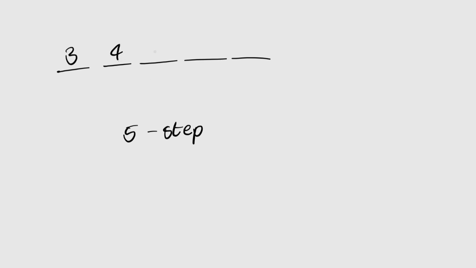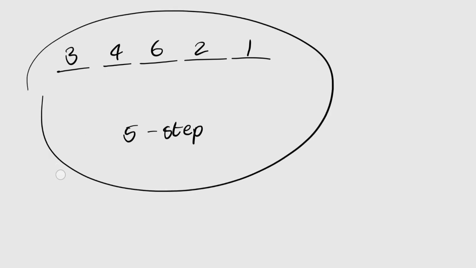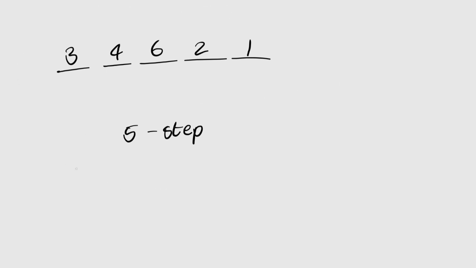So what that means is, if we have, let's say, a 5-step operation, and there are, let's say, 3 ways of doing the first one, 4 ways of doing the second one, 6 ways of doing that one, 2 ways of doing that step, and 1 way of doing that step, then the total number of possible ways of doing that operation is 3 times 4 times 6 times 2 times 1, and we can compute this, I guess.